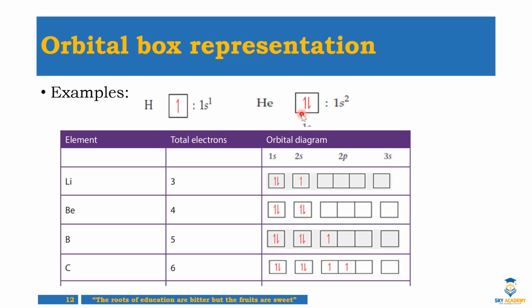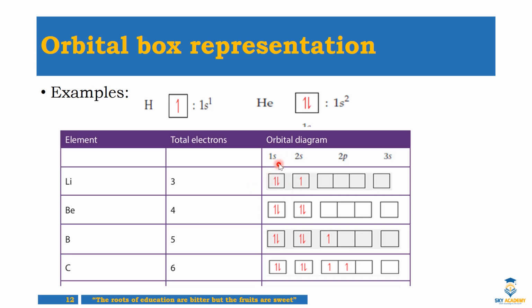Those two electrons need to be put in according to the laws. One needs to spin up and another needs to spin down. That is no problem. When we come to lithium, it has 3 electrons, so it is 1s2, 2s1.